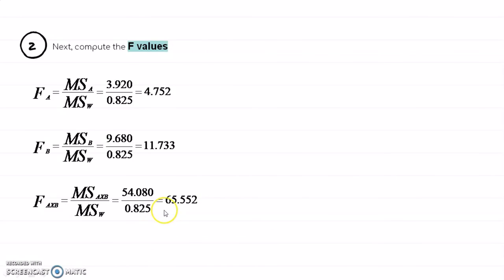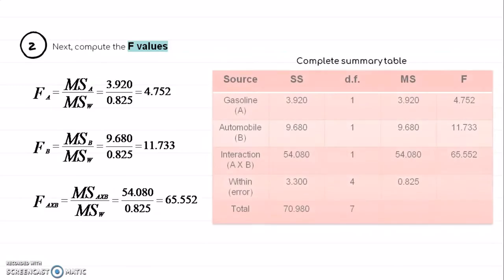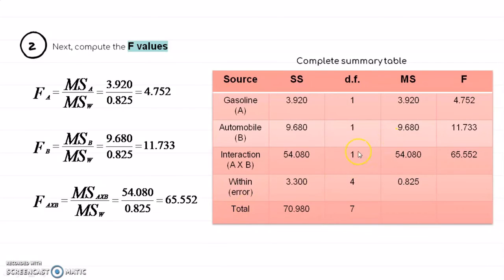Okay, so the answer is 65.552. Okay, jadi ini adalah the complete summary table. Jadi nilai-nilai kita dapat tadi, kita masukkan dalam summary table ni dan kita akan dapat a complete summary table.